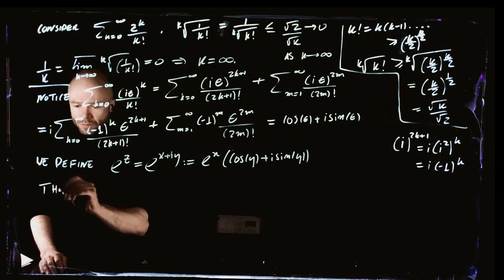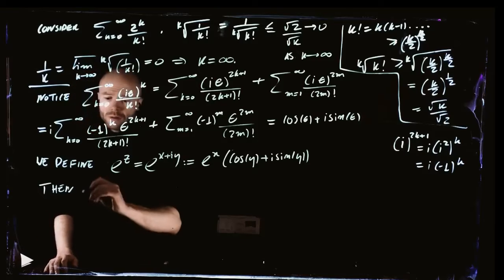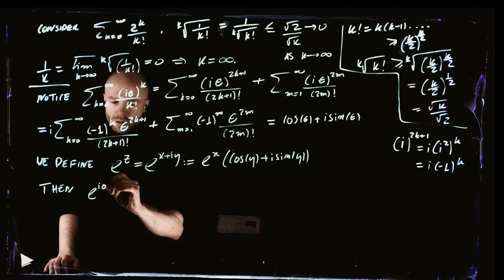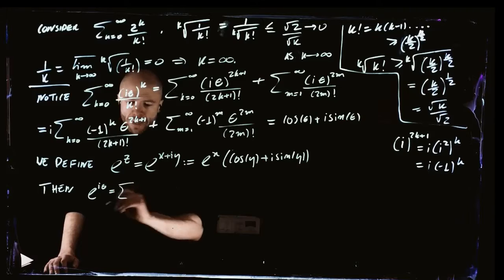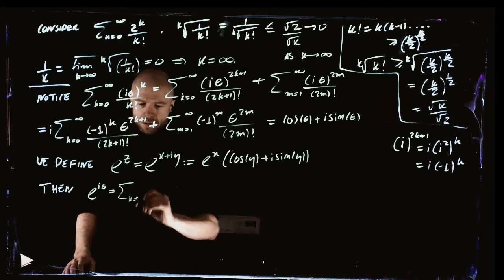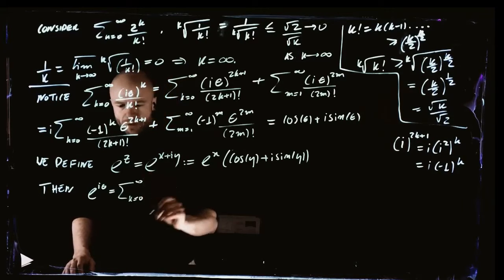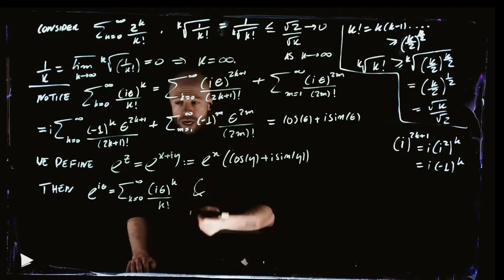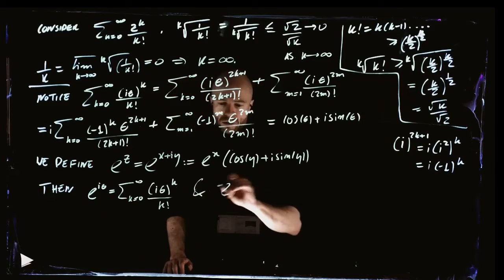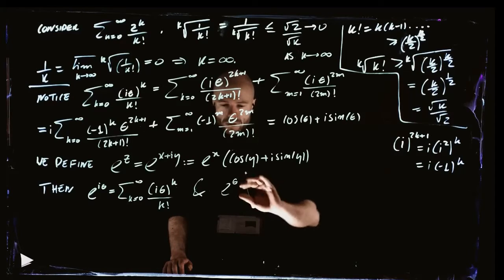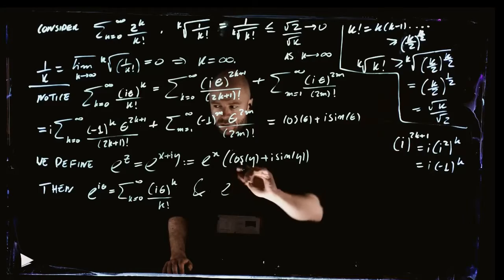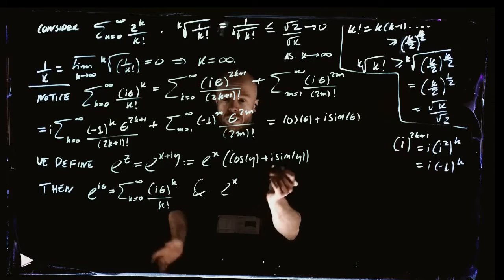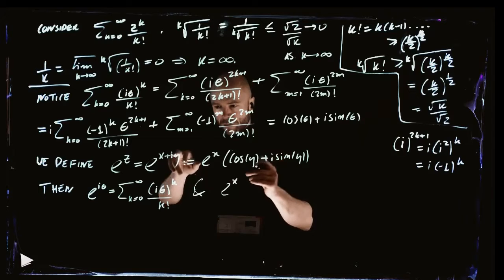Yeah. So if we define it like this, then the above calculation is that this is given by this power series, sum k equals 0 to infinity (i theta)^k over k factorial. And if we do e^x itself, then there's no imaginary part.